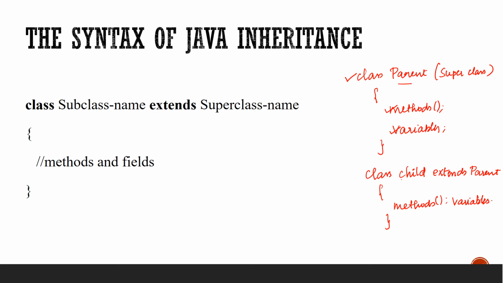In order to include this concept, we use the keyword extends and mention which class it is going to inherit. So here it inherits the parent class, so we use extends parent, and then this will inherit the methods and variables of the parent class. Along with this, it will have its own methods and variables.